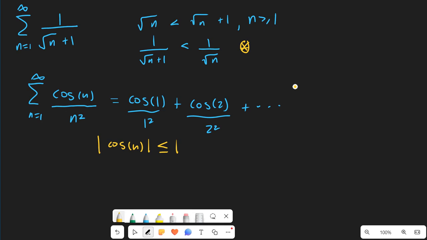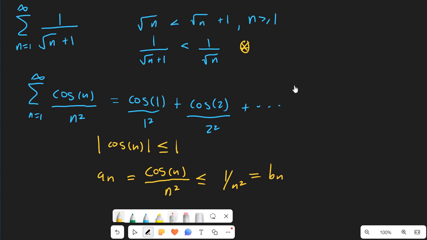What we could do is divide both sides by n squared, so cosine of n over n squared is less than or equal to 1 over n squared. Now, this looks like it could be our bn, and the left-hand side of the inequality is our an.